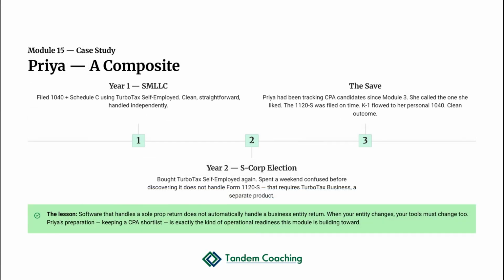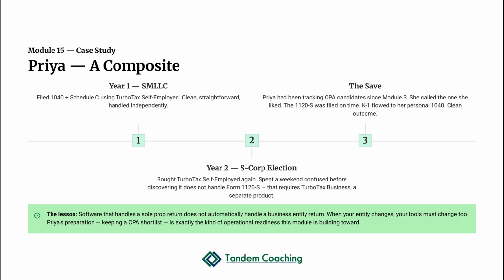Priya is a composite of half a dozen coaches who told me the same story. Year 1, single member LLC, clean Schedule C, filed in TurboTax self-employed. The whole return took an afternoon. Year 2, she elected S-corp during the year. March came around and she bought TurboTax self-employed again because that's what worked last time.